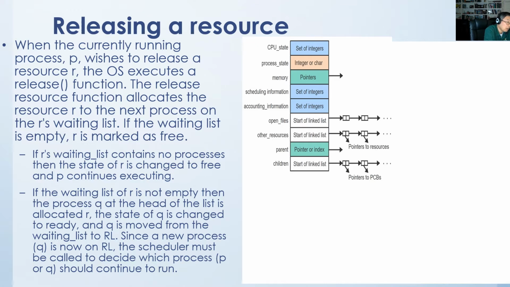When a currently running process P, let's say that's the PCB for process P, wishes to release a resource R. So let's say currently the resource R is here. For resource R, it's there.